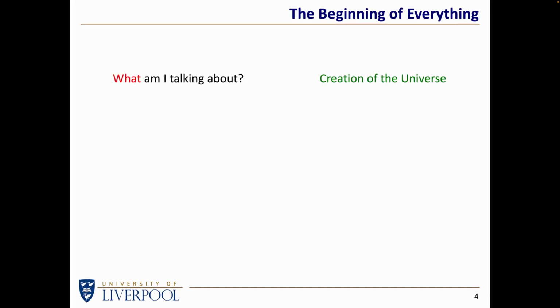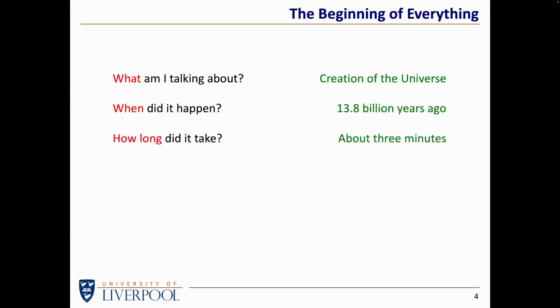So I'm talking about the creation of the universe. When did this happen? Well, to the best of our knowledge, it happened 13.8 billion years ago, according to the Big Bang Theory. How long did it take to make this universe? Well, as I will show shortly, it took something like 3 minutes to make all of the ingredients that we need to make the universe that we see around us.